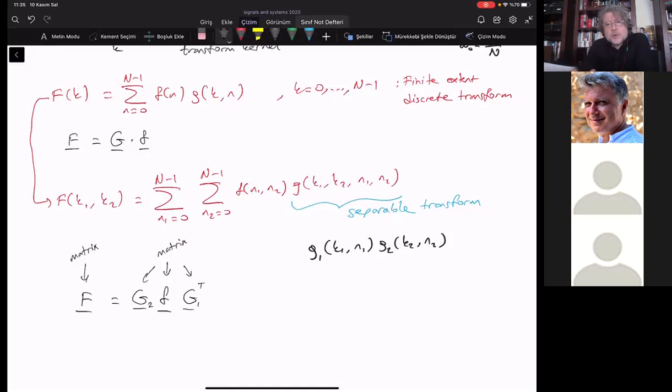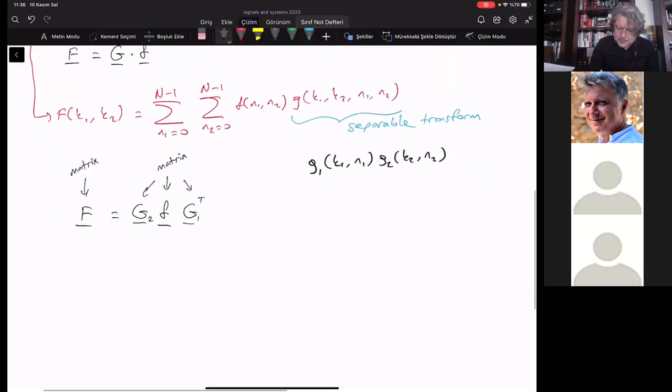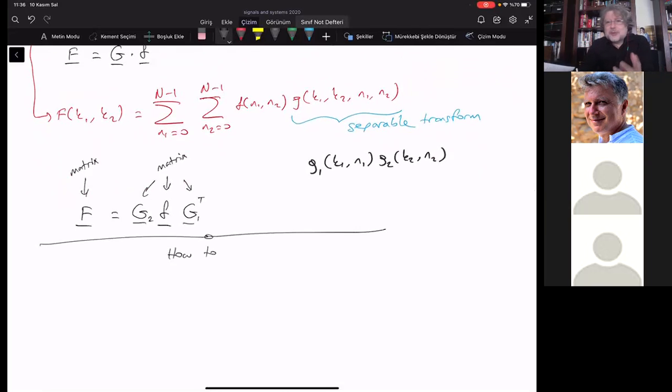Okay. We will come back to this concept of two-dimensional transformation, but right now we need to consider how to find the inverse of the transform. So let's open the parentheses and think of, not the inverse, but actually how to find the transform from the basis.